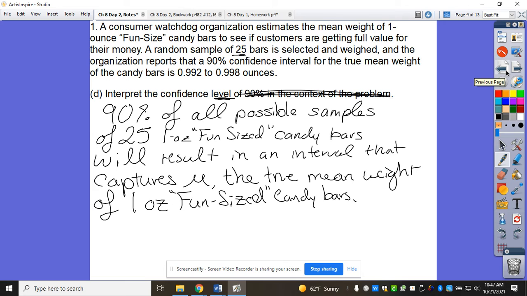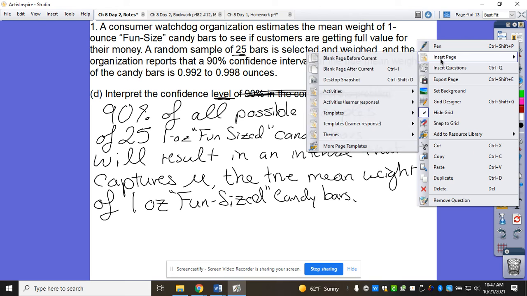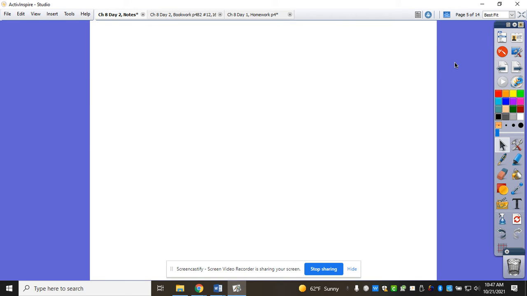And then I added one more problem on there, just because I wanted to practice one from yesterday. What's the last question? Find the critical value for this problem. So what's the only thing I need to find critical value? On the paper, sorry.